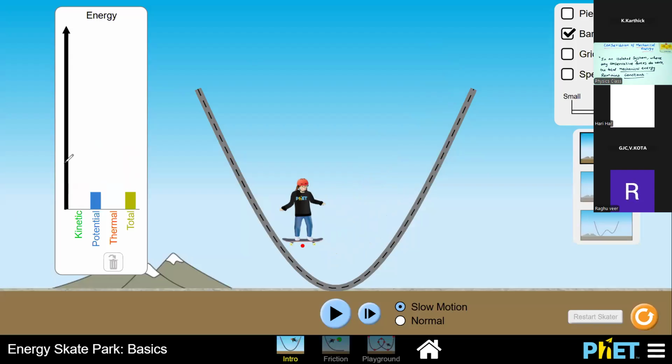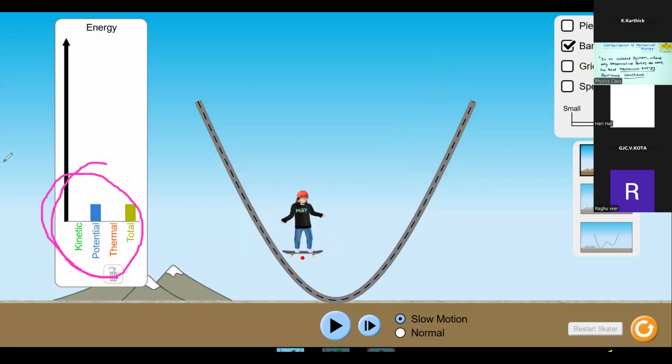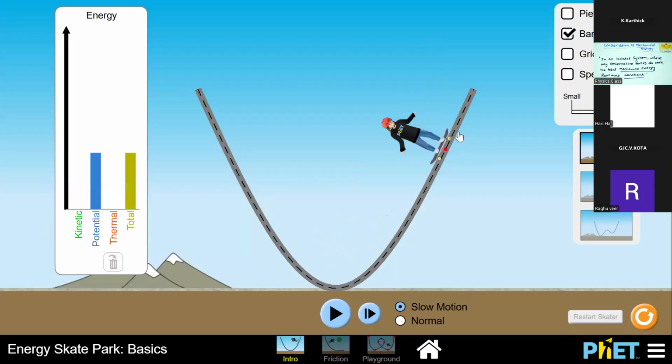Please observe, this is the energy bar. Whenever I move the skater, you can see changes in the energy bar. Is it correct?